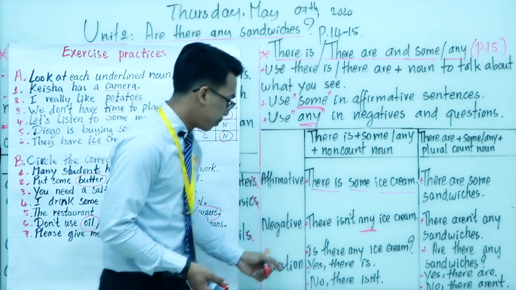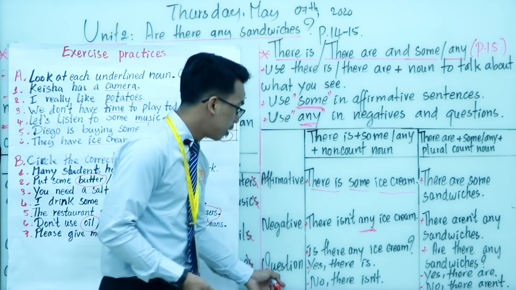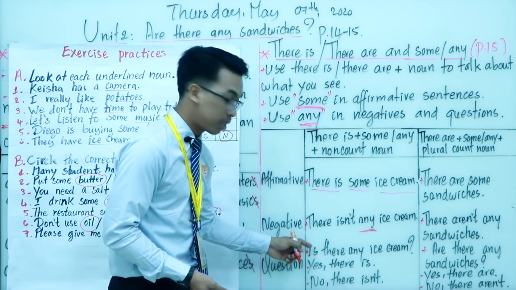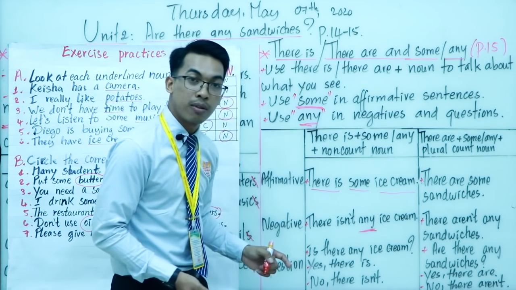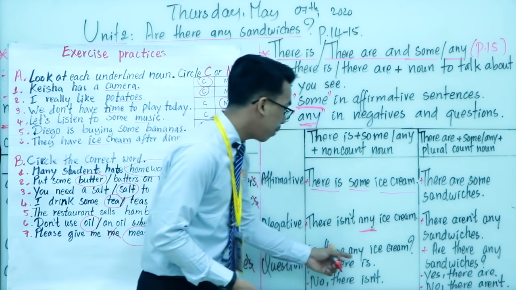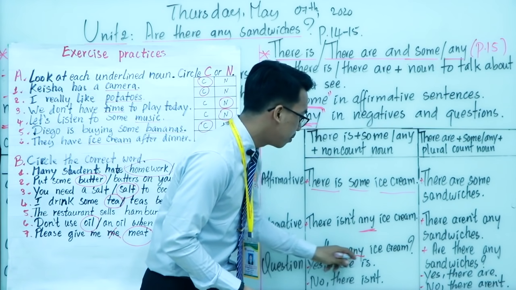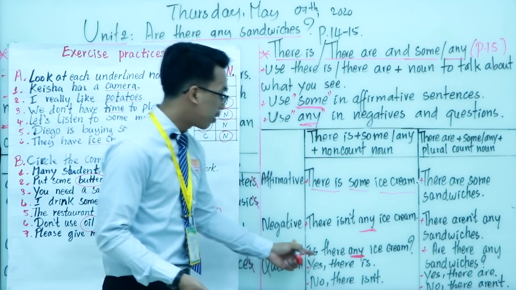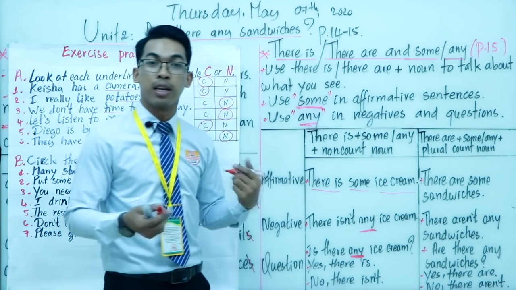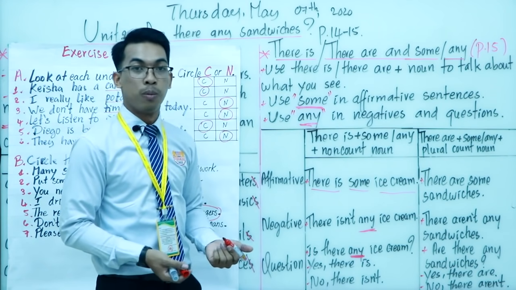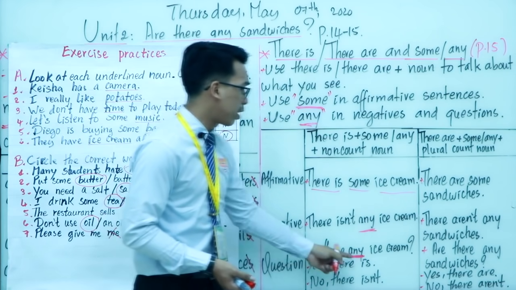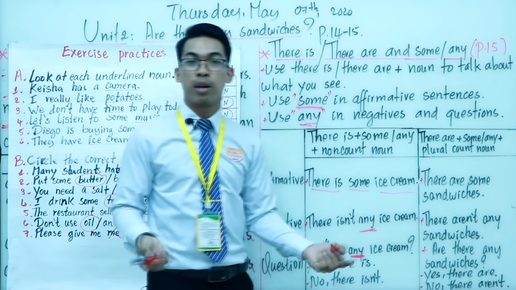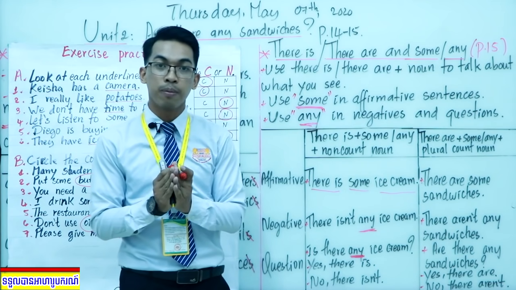The next one, question. We need to use to be in front of the sentence, right? So, is there any ice cream? Here we use any in the question form. We cannot use some, for example, is there some ice cream? We cannot use it. Very good.